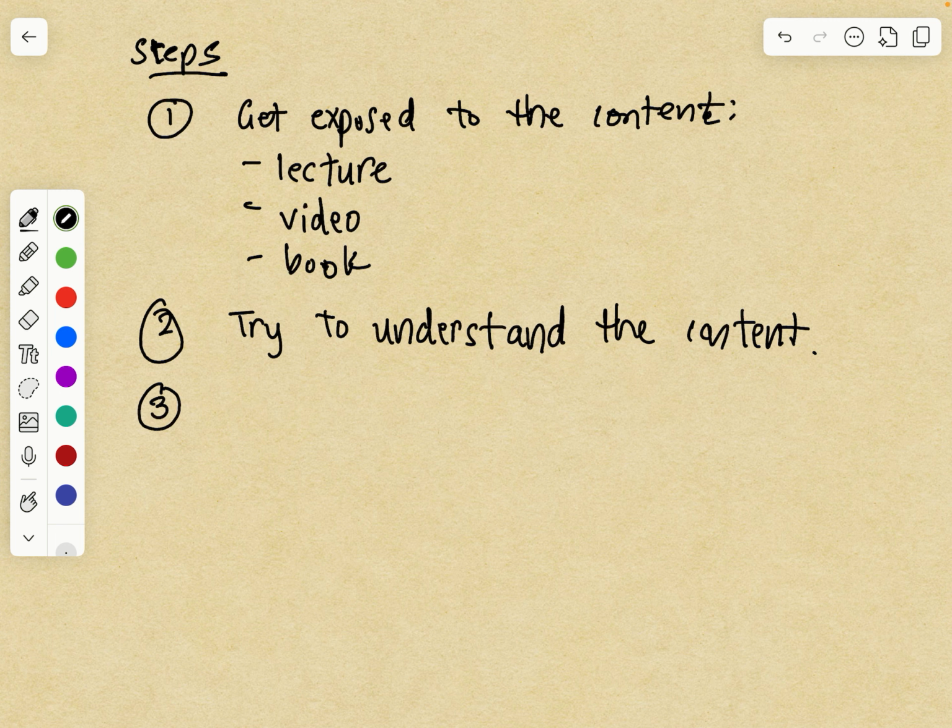Ask them to help you with the things that you're still struggling with. So step 3 is to ask someone about things that you're still confused about.